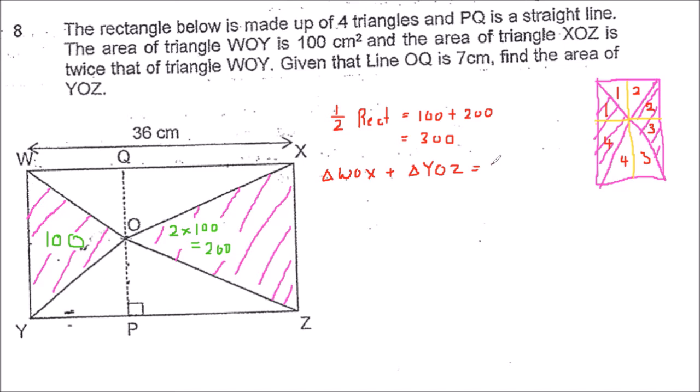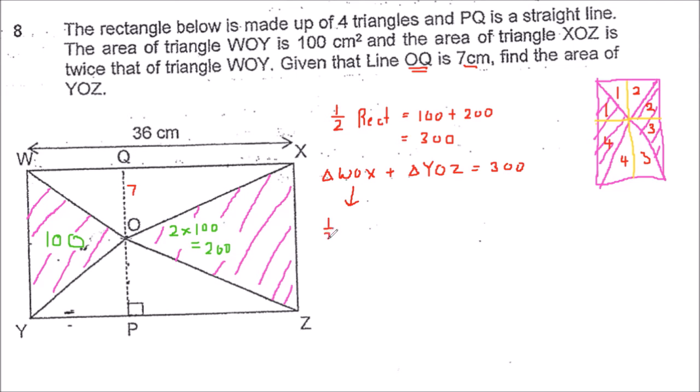Okay, it will give us 300. And guys, can you see that OQ is 7 cm? So OQ is 7. That means we have the base and the height of triangle WOX, so this area down here, we can find it.